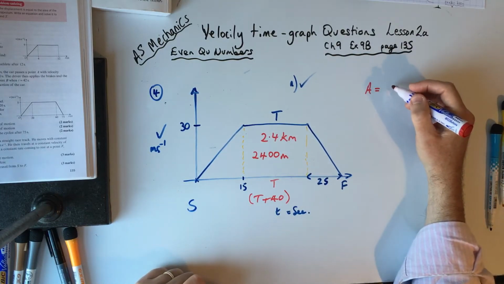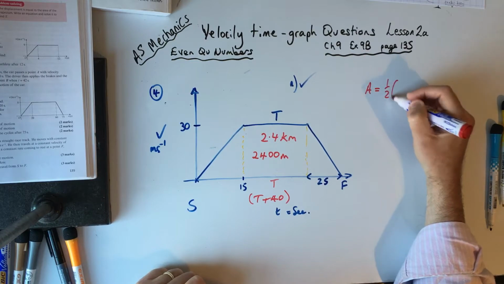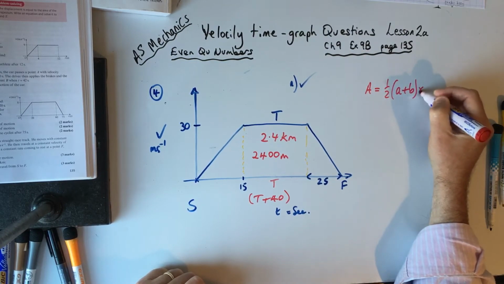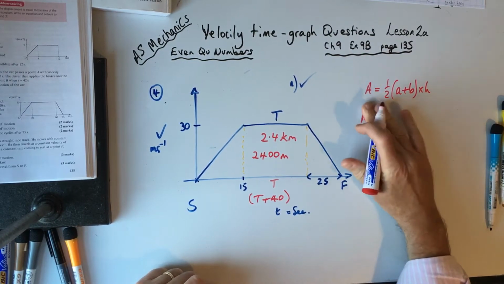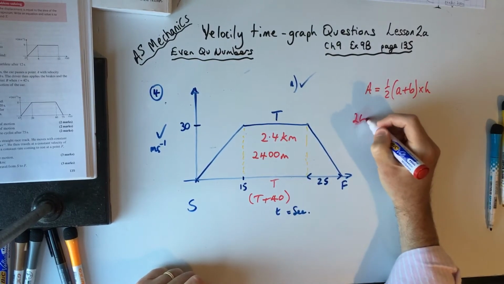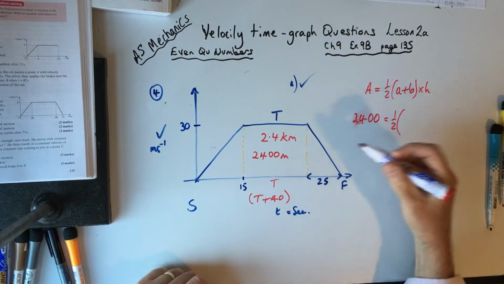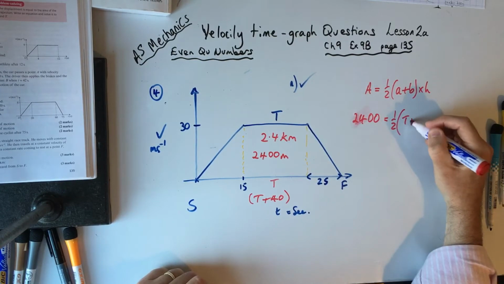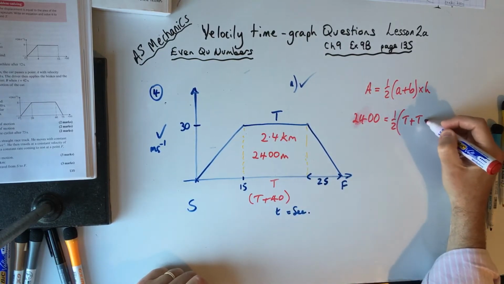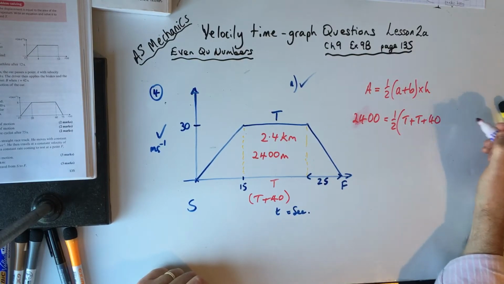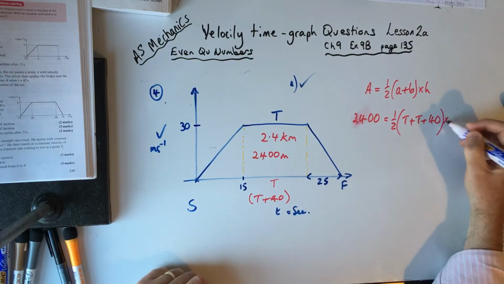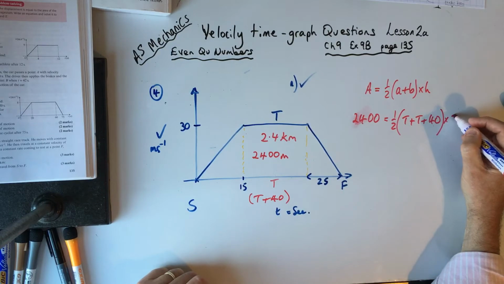So we've got area is equal to a half of a plus b times h. So we know that the area has got to be 2400 is equal to a half of, and we've got t plus 40, times h, which is 30.